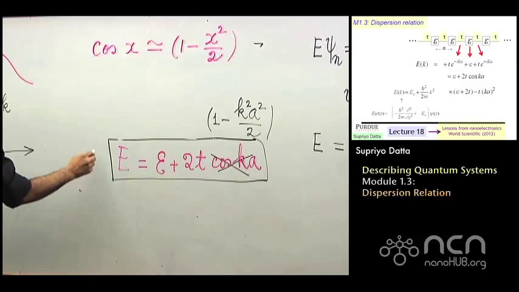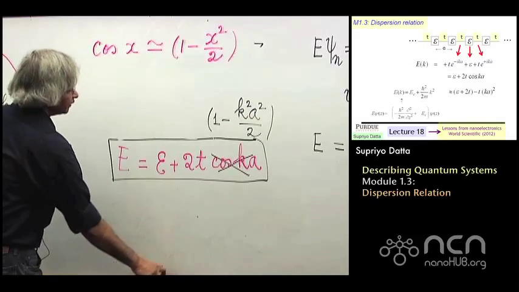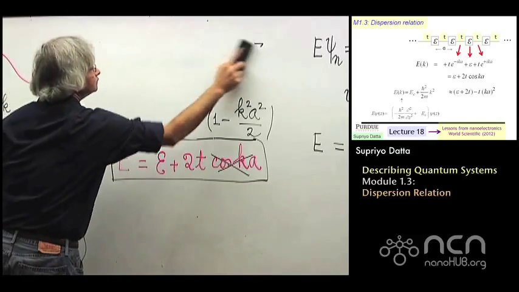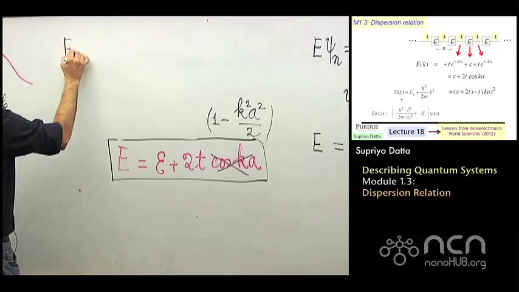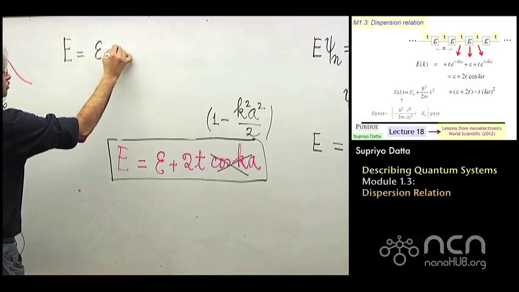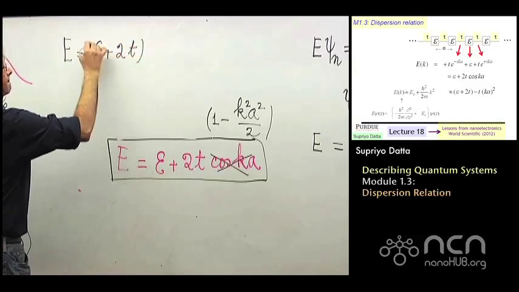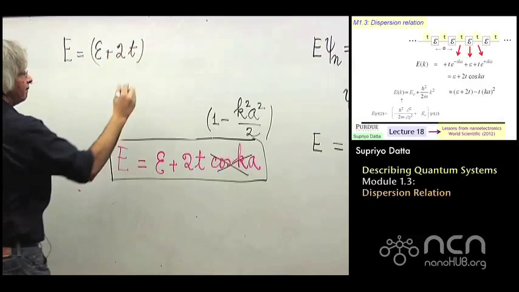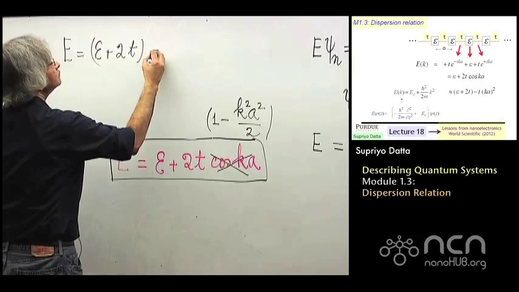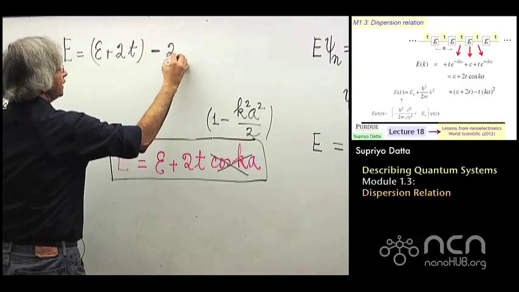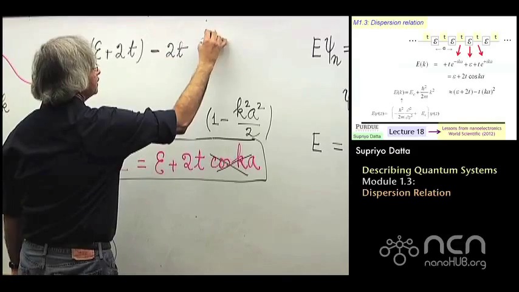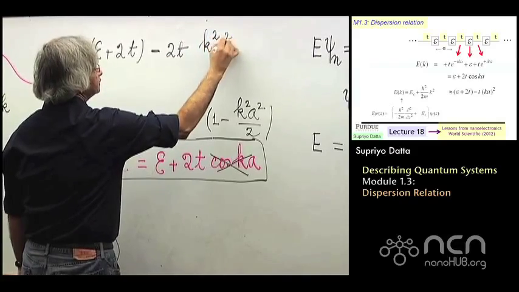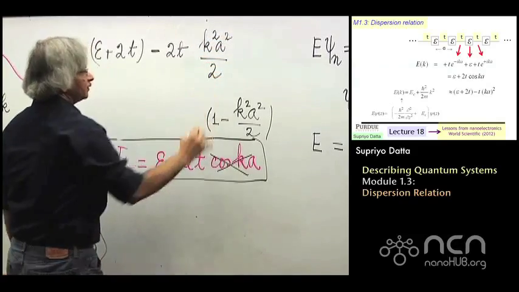So that gives me, let me write it up here, E equal to epsilon plus 2t minus 2t times k squared a squared divided by 2.